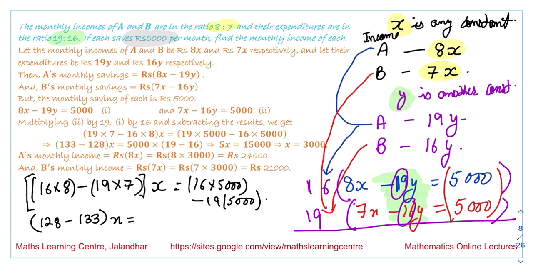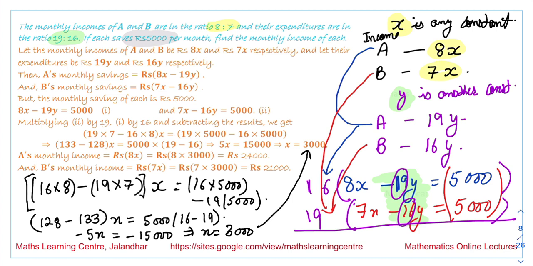That is equal to, from these two terms we can take 5,000 common and we are left with 16 minus 19. So we get minus 5x is equal to minus 15,000. So the value of x we get is 3,000.